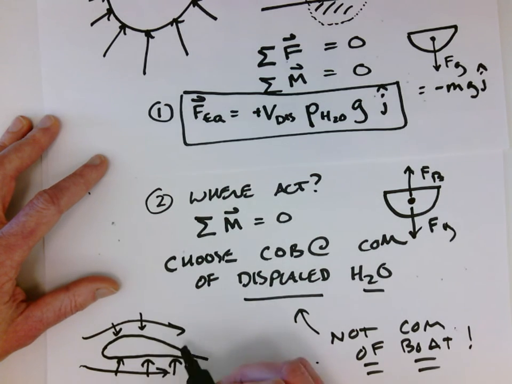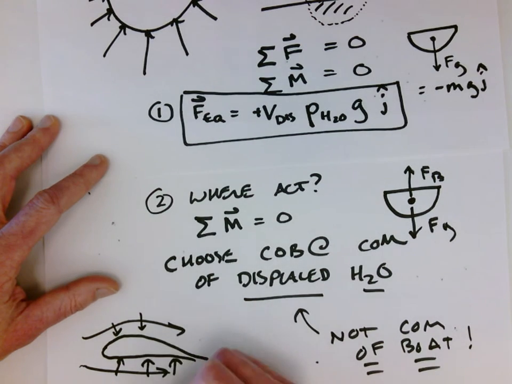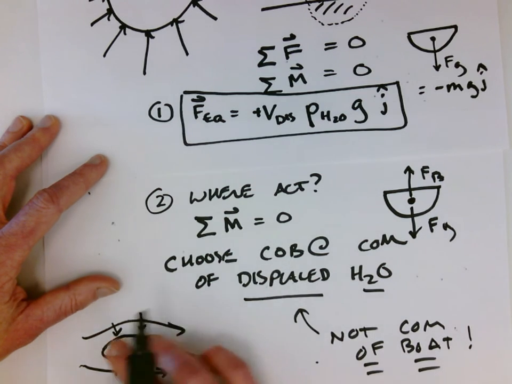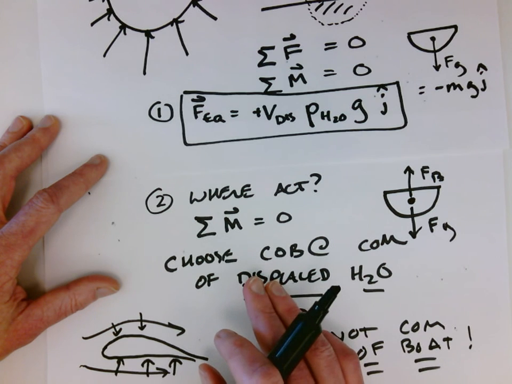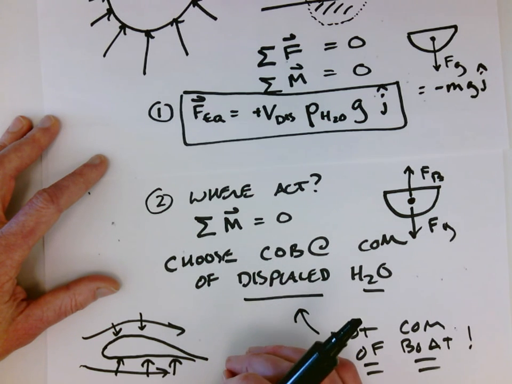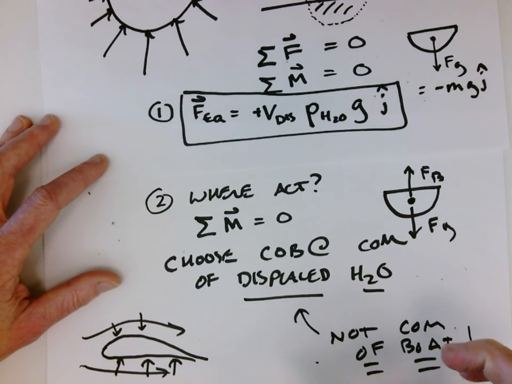Figuring out exactly where that equivalent force acts is really difficult, and it changes depending on the angle of attack of the airfoil, the speed of the air, and what the fluid is. There's a lot that determines this. So in general, deciding where that equivalent force acts is not necessarily easy, but in the static case of a boat sitting in water, it's a fairly straightforward thing to do.